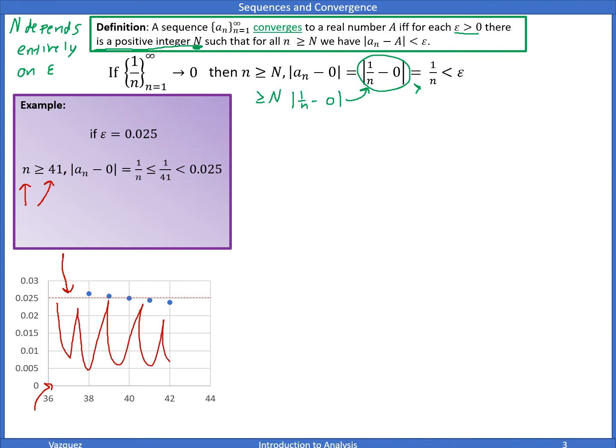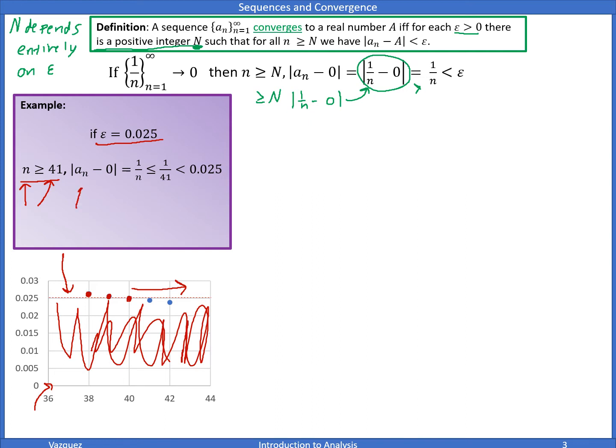And if you see, this is the 38th term. This is the 39th. 40 is exactly at 0.025. But then after 40, they're all within this area. Right? So if we're given this epsilon, any n after the 40th term gives us what we want to be within our goal.